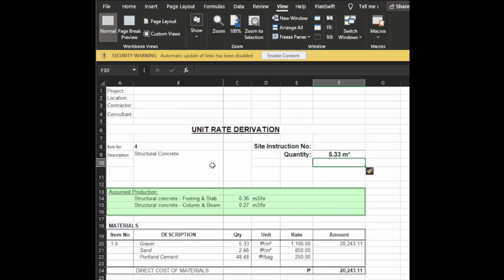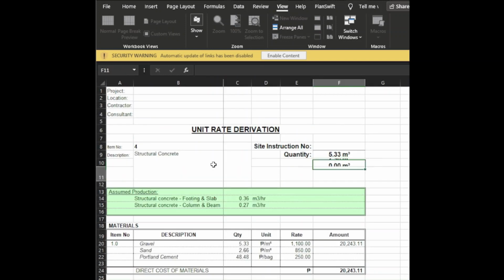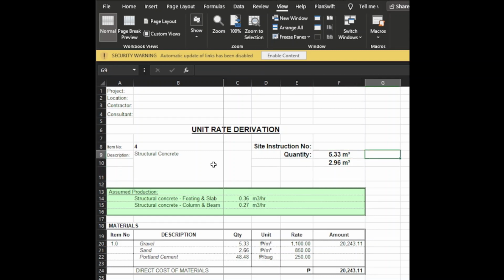Okay, we will just add this one, then 2.96. Okay, maybe we will put this one so that we will not be lost. This one, the footing and slab, and for this one is beam and column, like that.